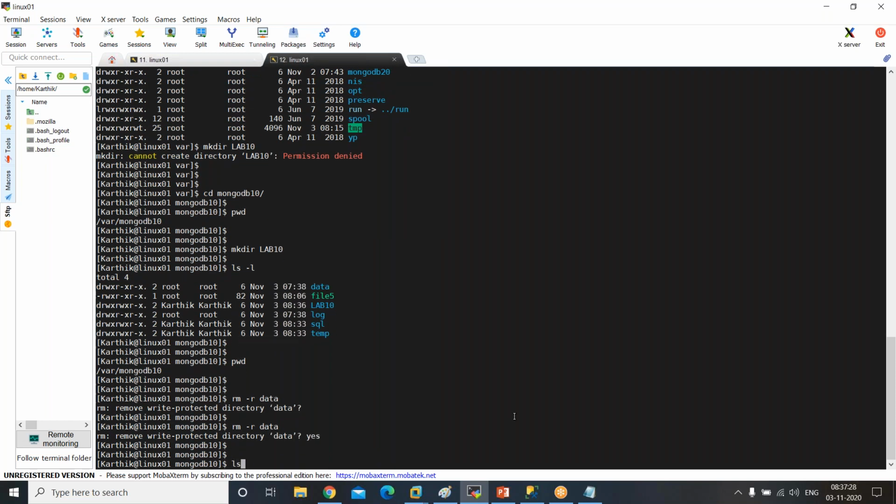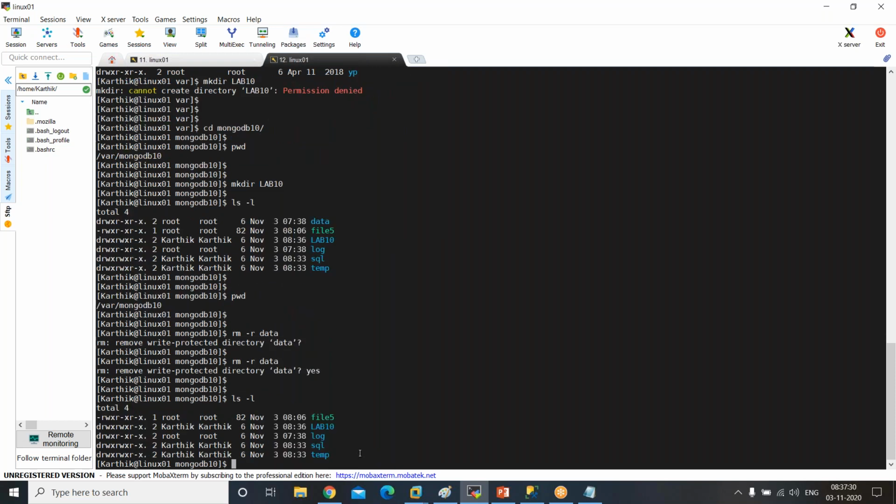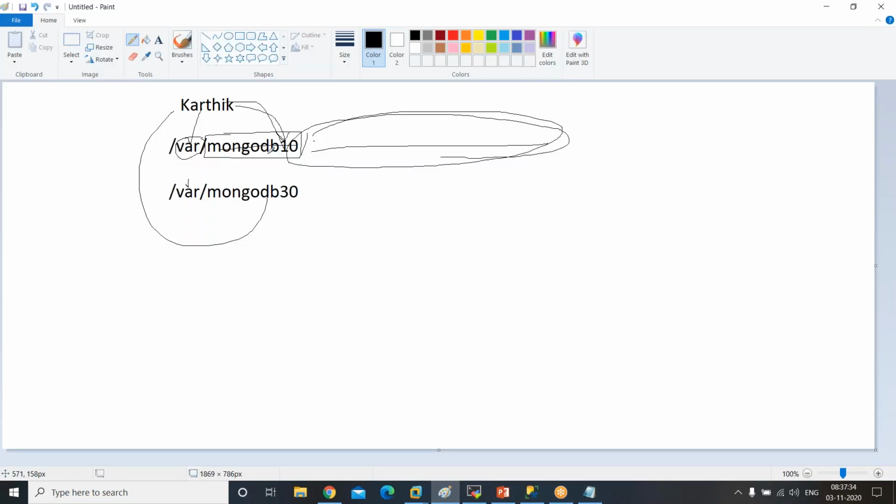So if you see, the directory is owned by root but he is still able to delete it, because he has ownership on this directory completely. Whatever is inside this directory, he can do it all. Why? Because the parent directory is owned by him. He got the ownership here, and the subsequent directories he gets ownership of because he has it on the parent directory. This directory also he can do anything on, because it is sitting under this directory.